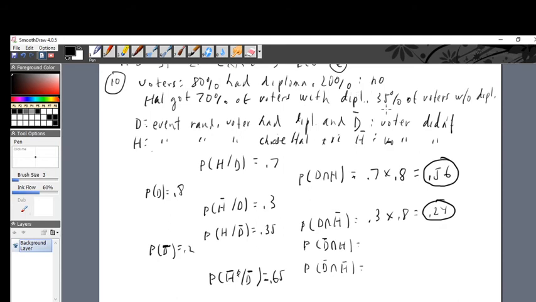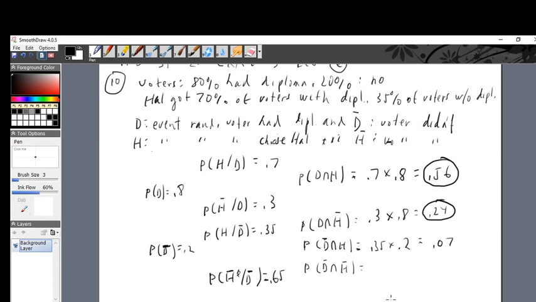But they voted for Hal. 35% of the people with no diploma voted for Hal. Okay, and 20% of the voters had no diploma, and 35% of those voted for Hal. How much is that? That's going to be 0.07.